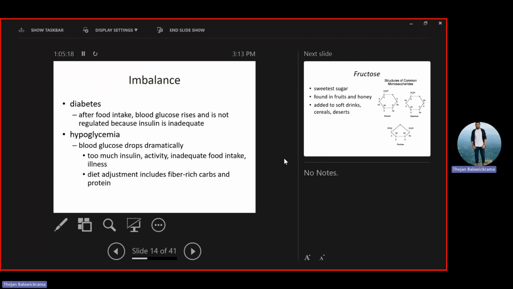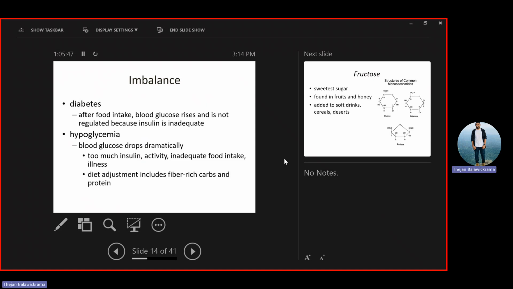The other version, the opposite of diabetes, is hypoglycemia. In diabetes, the blood glucose level rises up, but here, the blood glucose level decreases.